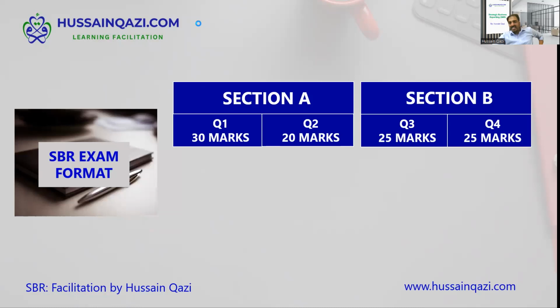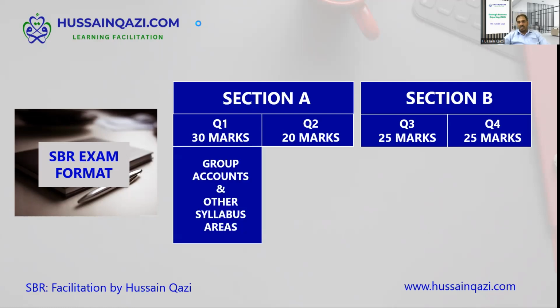Now what inside the questions? Section A, question number 1, 30 marks. That's related to group accounts and other syllabus area. Means major part of question 1, out of 30 marks, it's 22 to 24 marks group accounts and 4 to 6 marks other area of the syllabus.